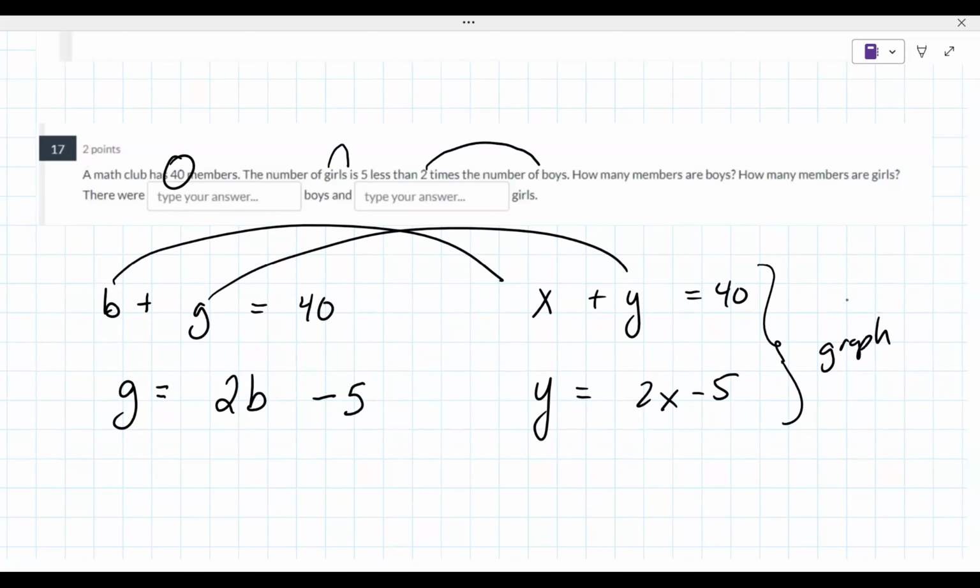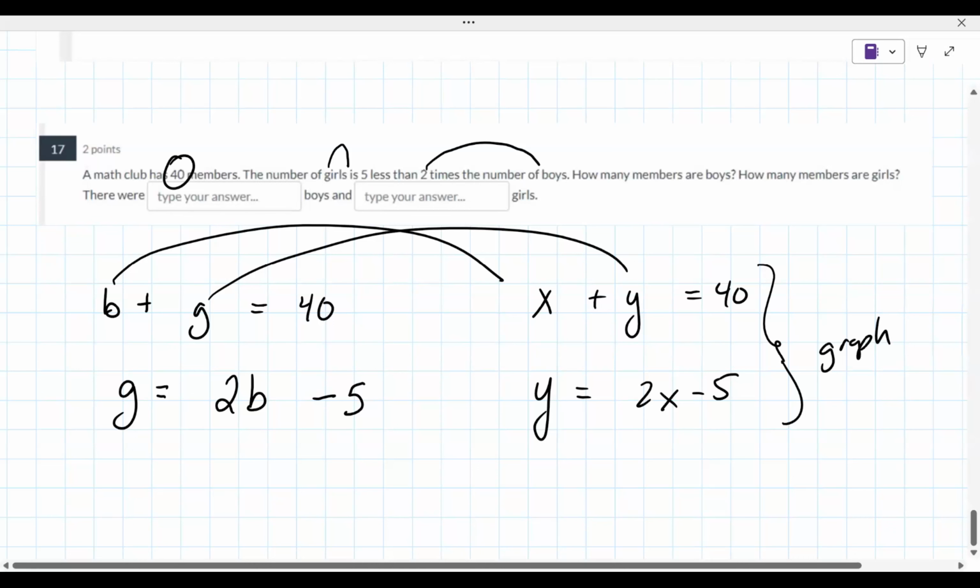Oh, okay. So the intersection is at 15, 25.